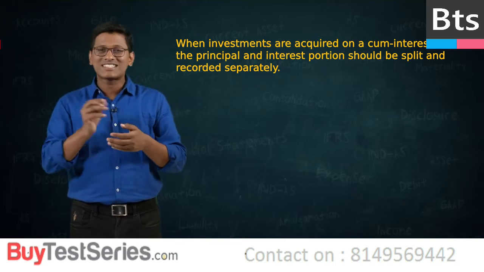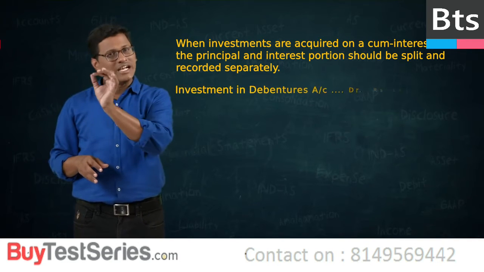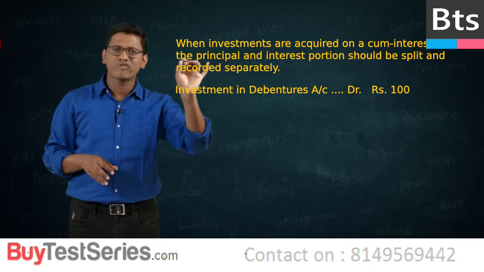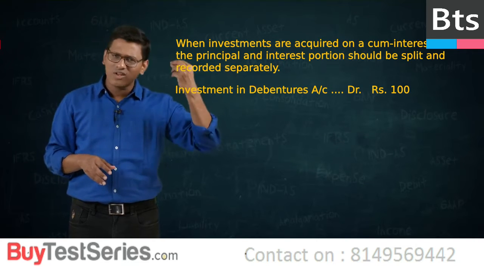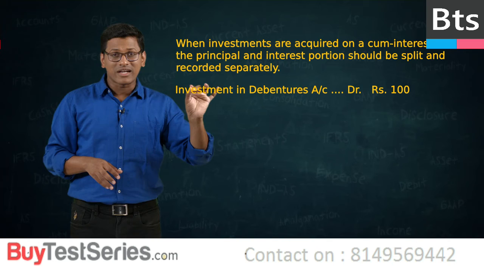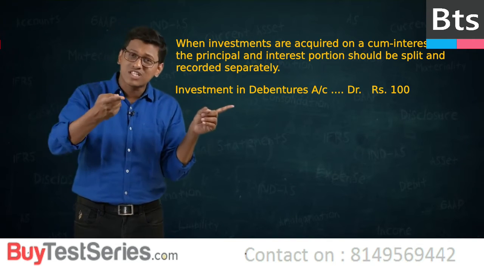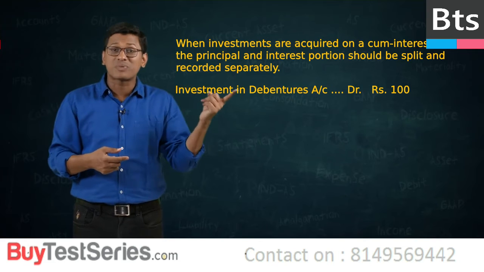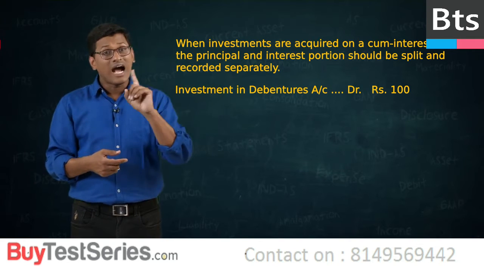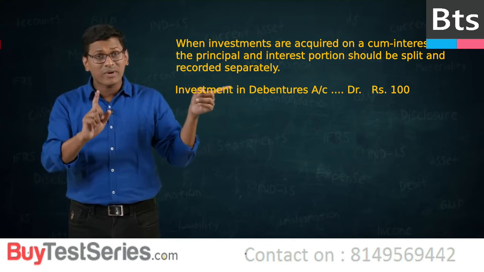So friends, basically in such case, what should the journal entry be? Investment in debentures of so and so company, whether Tata Steel or whatever be the company, account debited with what value? What is the portion you are paying towards principal? So if you are paying 100 rupees towards principal, that much you will write. This is not the face value of the debenture, mind you friends.